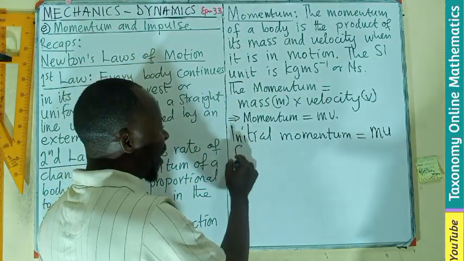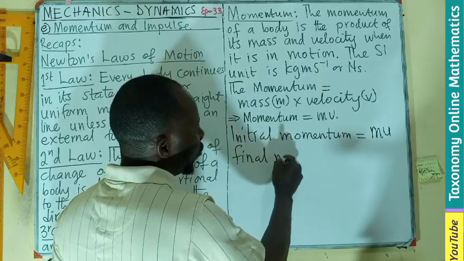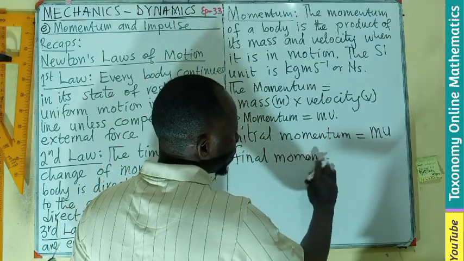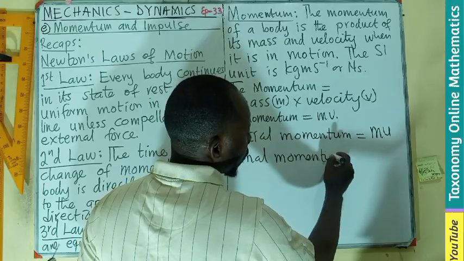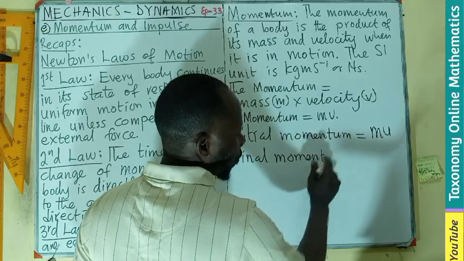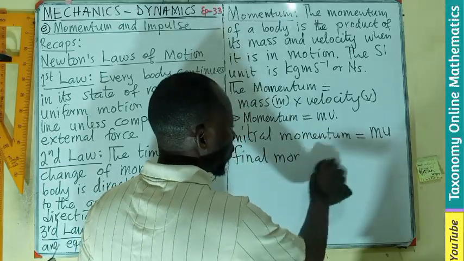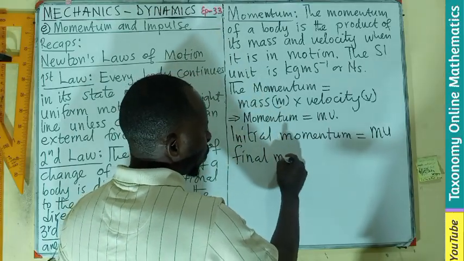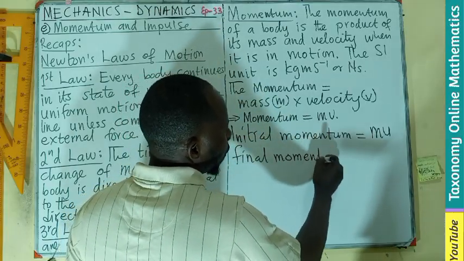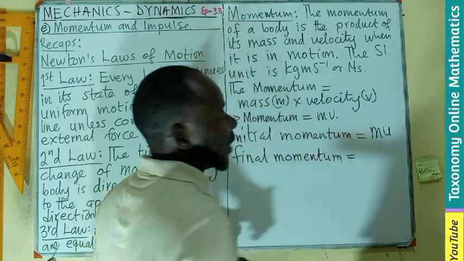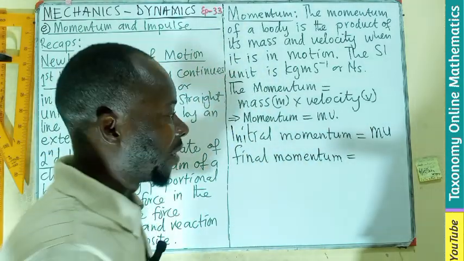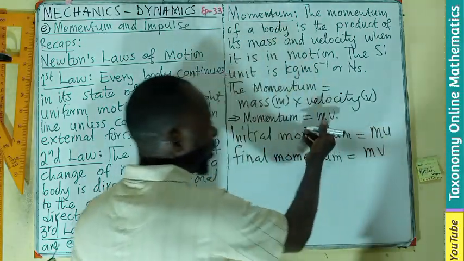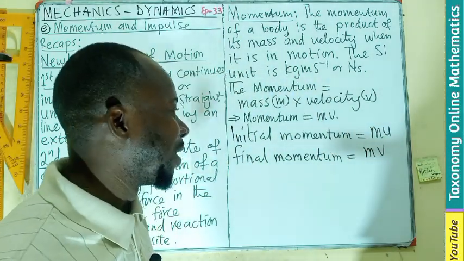Then we can also find its final momentum. That is also going to be the mass of the body and the final velocity, mv, which is actually the definition we had in the beginning.